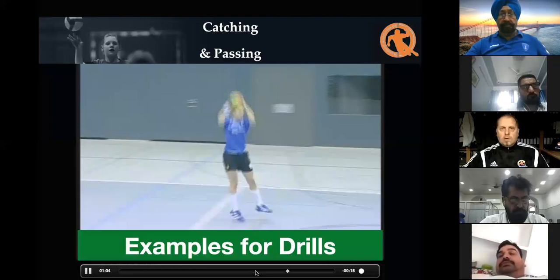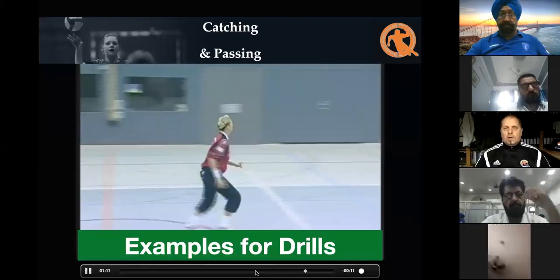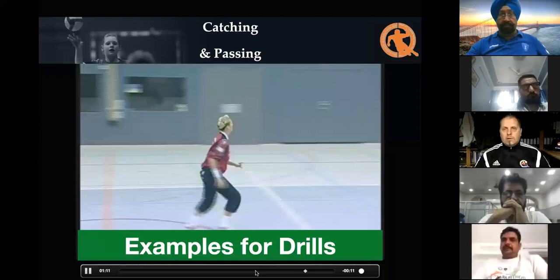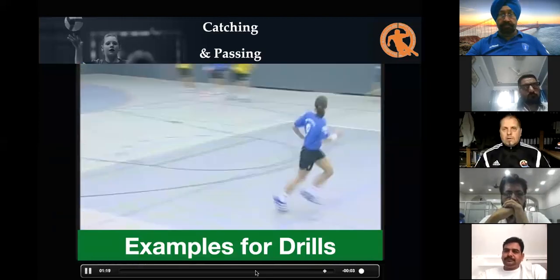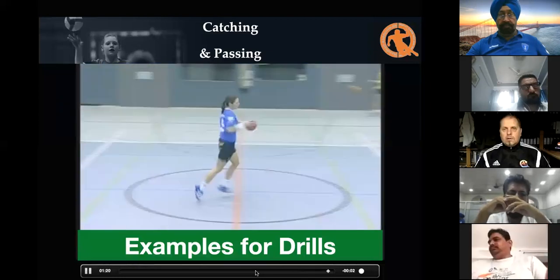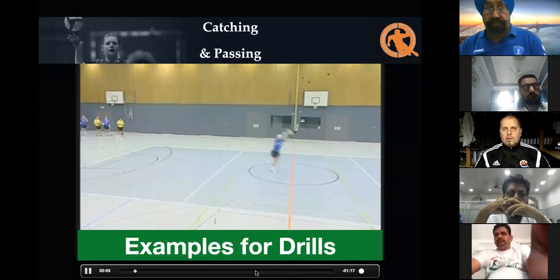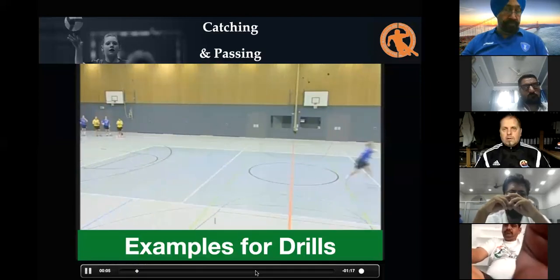So pass left, move right. Again here. And do this without decreasing the space. Don't lose the speed. Continuously running and passing, pass in one direction, run in the other direction without losing the speed.